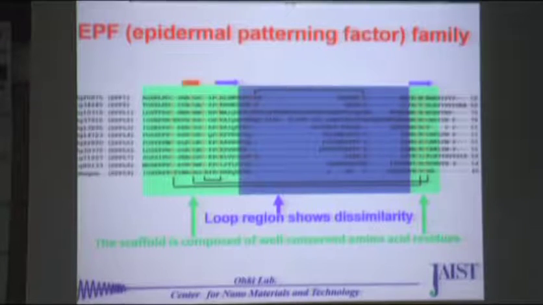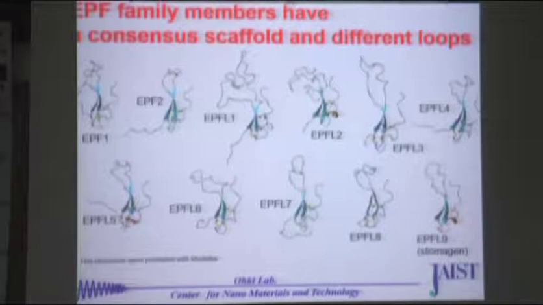The loop region shows low similarity, but the scaffold region has well-conserved amino acid residues. So we tried computer simulation and modeling of all family members, and we found all family members had a similar three-dimensional structure. Here is stomagen, and the loop region is totally different.